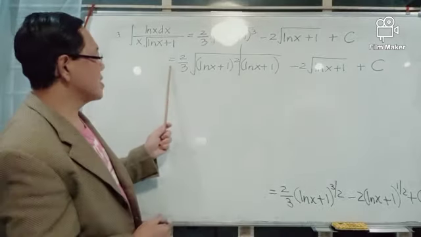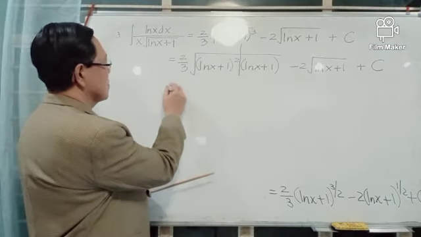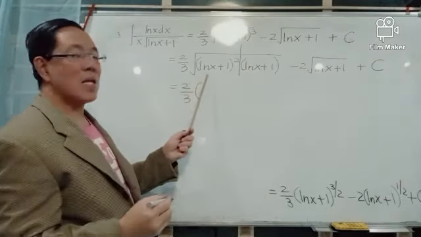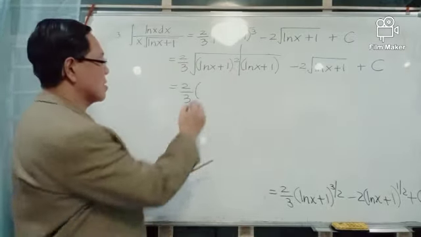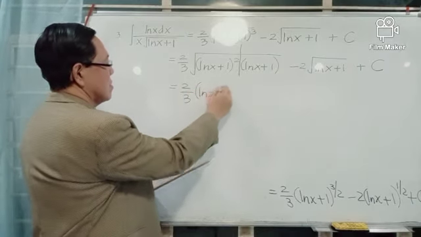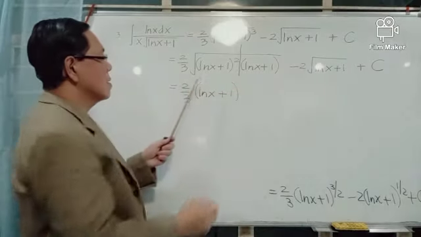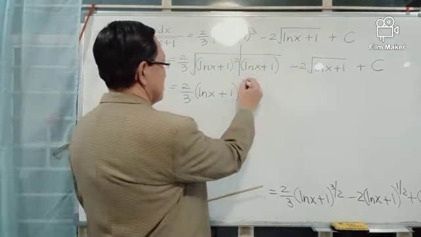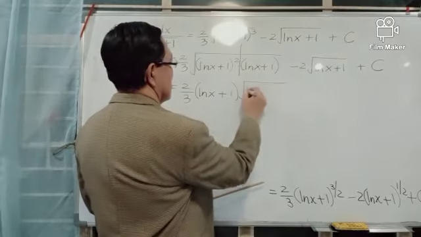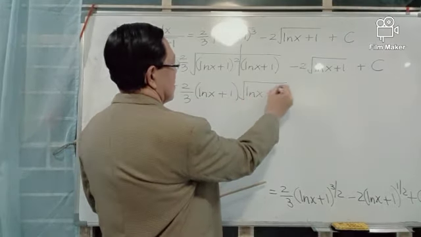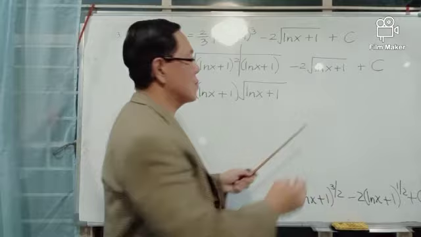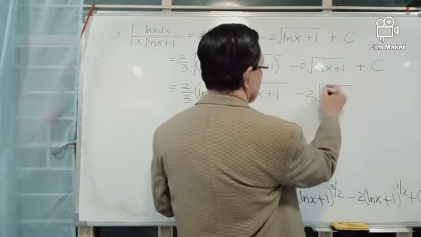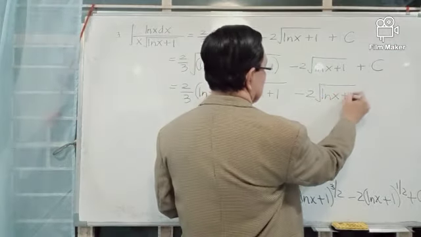Hence, the first term is equal to 2/3 multiplied by the square root of ln x plus 1 squared, which is ln x plus 1, and multiplied by the root of ln x plus 1. Minus 2 multiplied by the root of ln x plus 1.